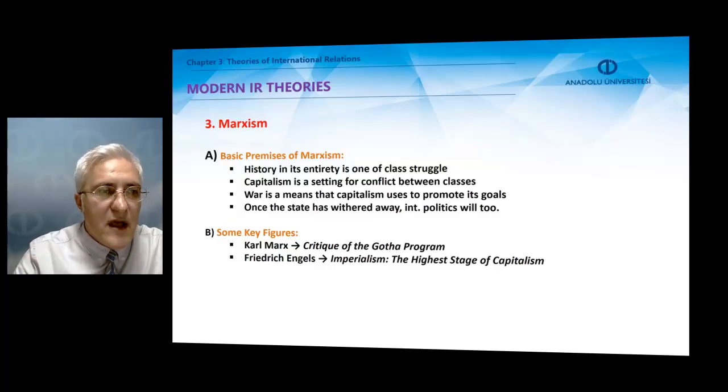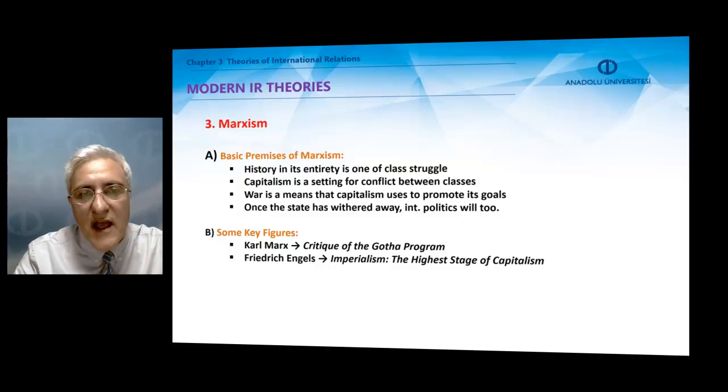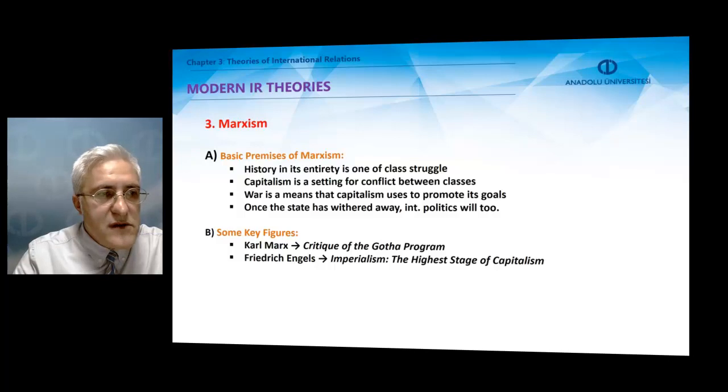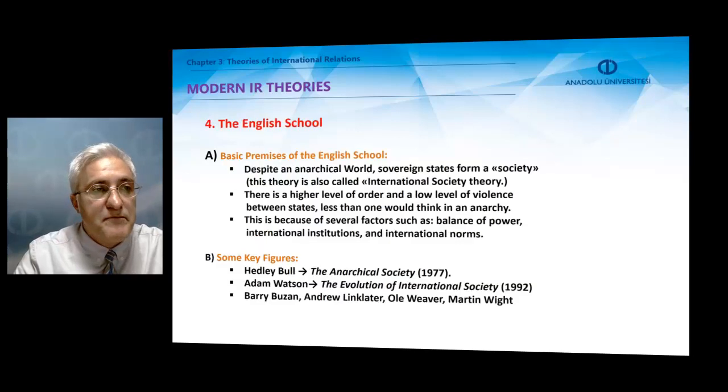What it means is that capitalism maybe creates conflict between states, between classes. And war is a means that capitalism uses to promote its goals. Some key figures in the study are Karl Marx, who wrote The Critique of the Gotha Program, and Friedrich Engels, who wrote Imperialism as the Highest Stage of Capitalism.